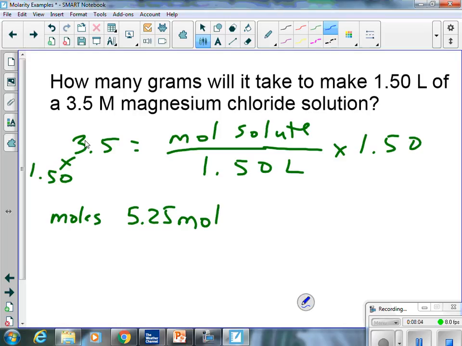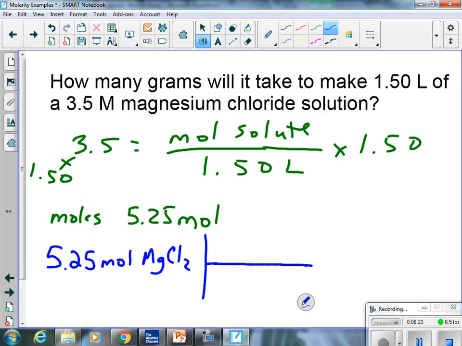I want grams. So now I've got to flux capacitor that moles into grams. So I'm going to take 5.25 moles of magnesium chloride. Set up my conversion box.